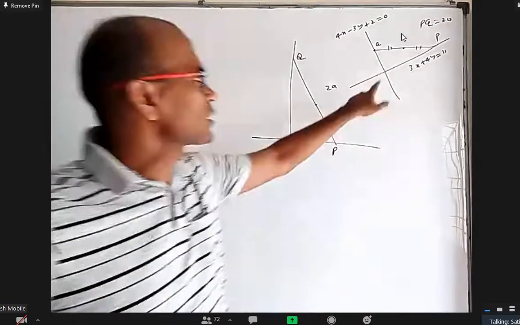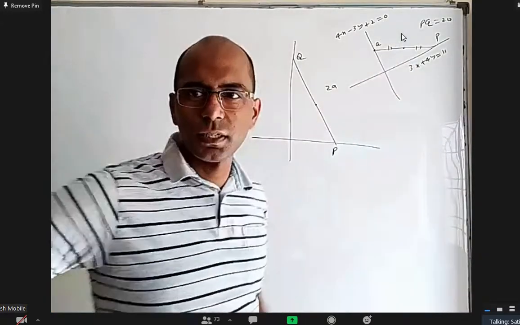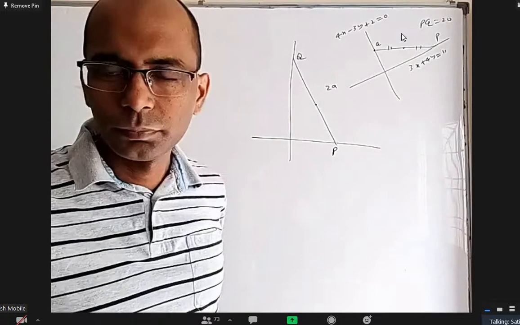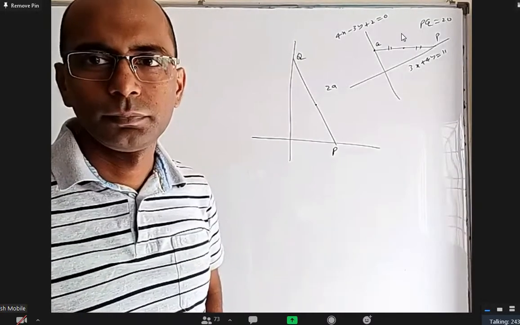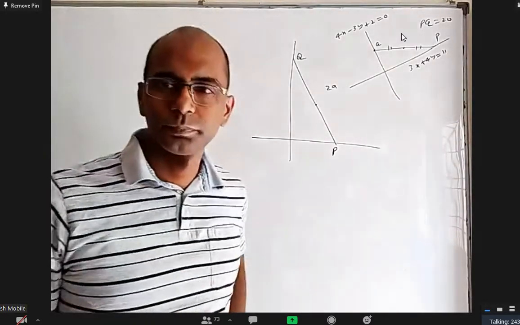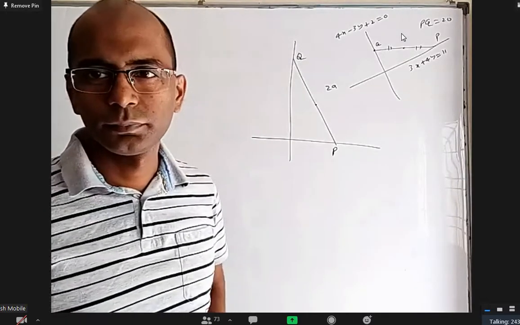Distance from this point to this point is always fixed. Am I correct or wrong? Yes, sir, fixed. Why? So it is a perpendicular distance.